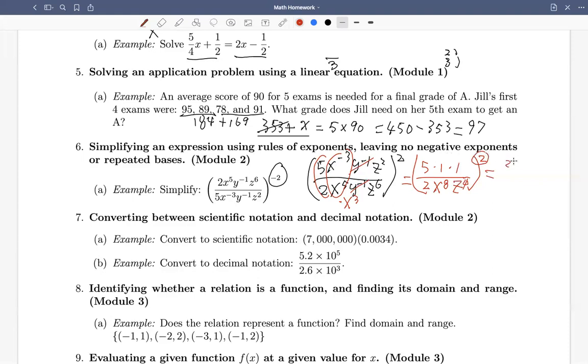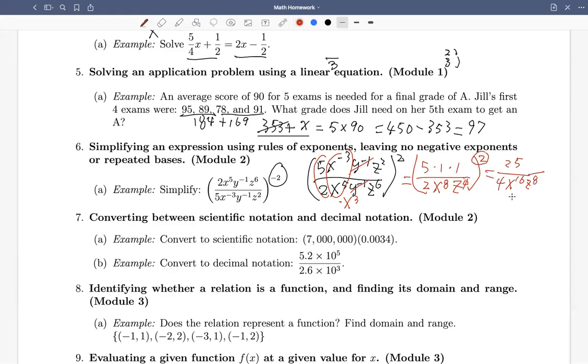So 5 squared, 25. In the denominator, I have a 2, so that becomes 4. x raised by 8, now two layers, x raised by 8, raised by 2 again. So 2 times 8, 16. Then z raised by 4, 4 times 2, that becomes 8.